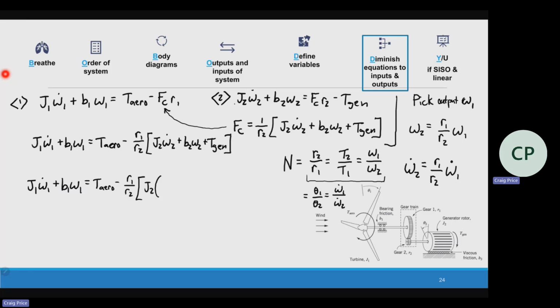We don't want omega 2, omega 2 dot. And so we're going to take what we've got on the right-hand side and plug that in here. We've also got this right here. We can change to R1 over R2 times omega 1, and we still have T gen.